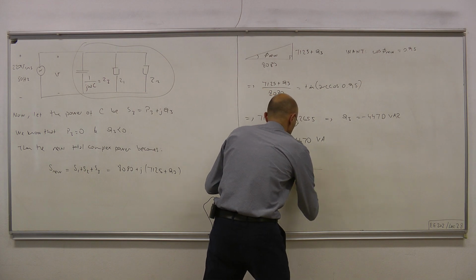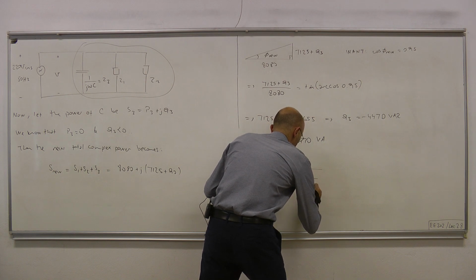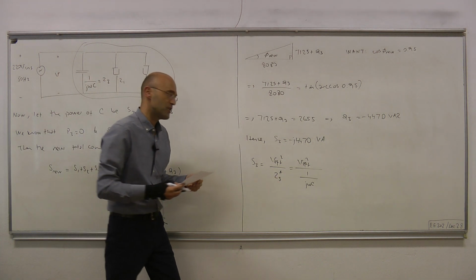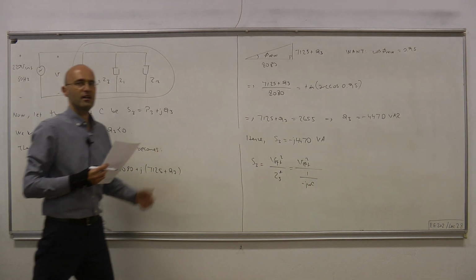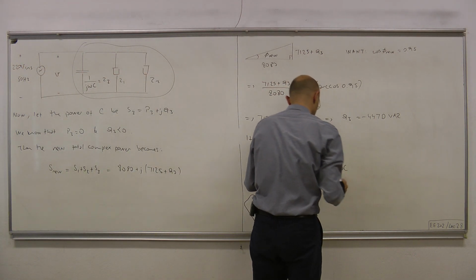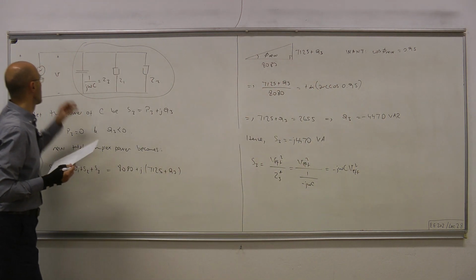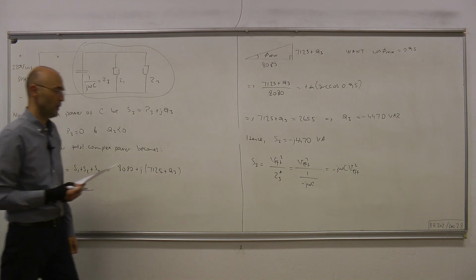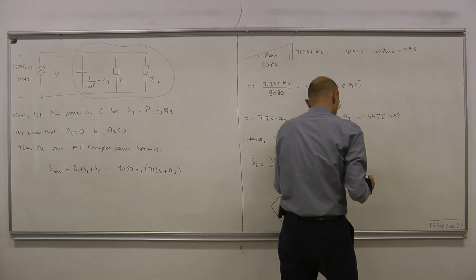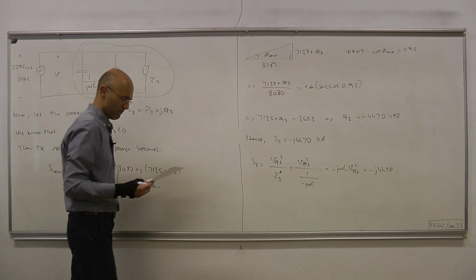And that equals V effective squared times 1 over j omega C was Z3, but now we have this conjugation, therefore we have to put a minus sign in front of j. And that reads minus j omega C times the square of the effective value of the voltage V, which is 220. So that equals minus j 4470.